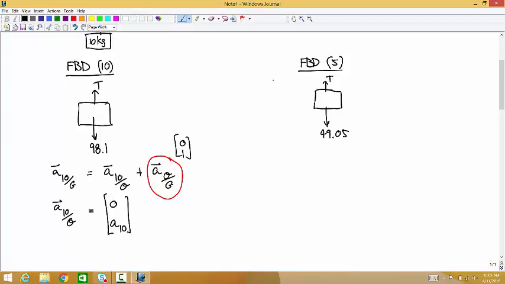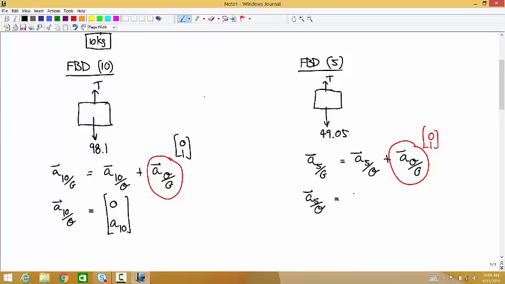And then for the 5 kilogram, the acceleration of the 5 relative to the ground is equal to the acceleration of the 5 relative to the origin plus the acceleration of the origin relative to the ground. This one again is 0, 1. The acceleration of the 5 relative to the origin is, I'll call this just 0, A5.